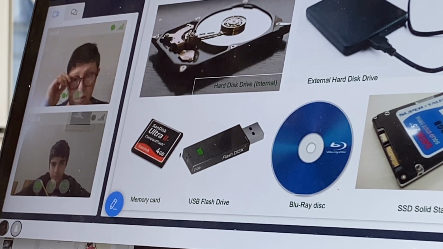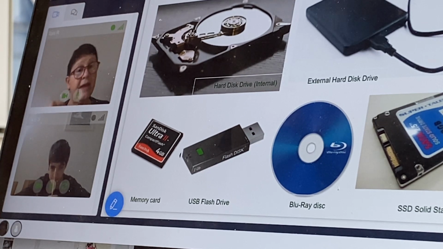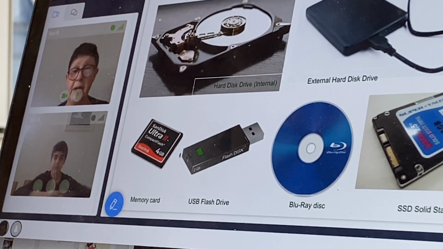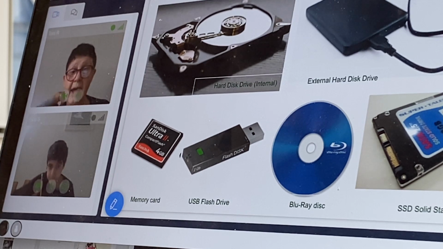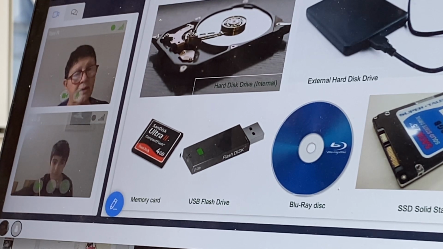Okay, so do you recognize all of these? So hard disk drive, that's inside the computer. Yes. You might have an external hard disk drive. Do you have one of these? Yes. Okay. Do you have a memory card? Yes. Where might you have a memory card? A camera. Perfect. And then a flash drive.